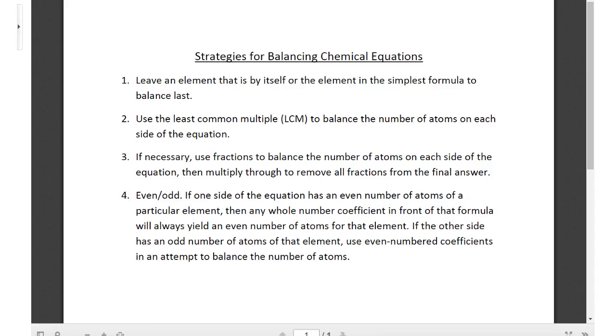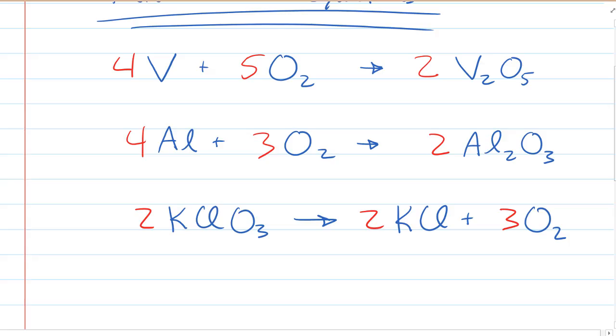But if we wanted to write out a chemical equation for this reaction, we could do that. Here's how we would first go through the description.